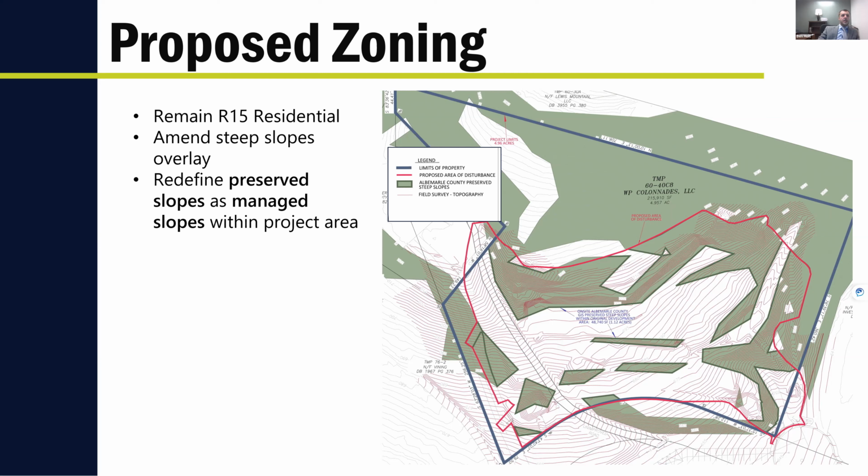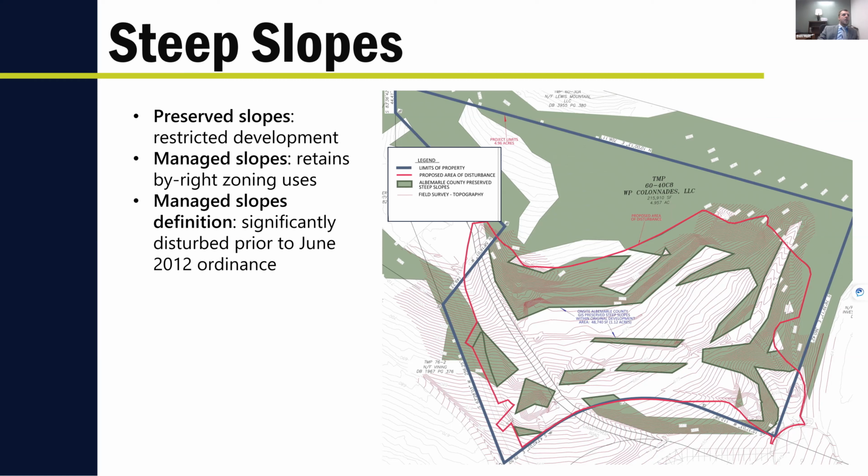The dark green shaded area is currently defined as preserved slopes, so it's protected, and development is restricted within that area. The applicant would like to redefine or reclassify those areas as managed slopes. And you can skip to the next.